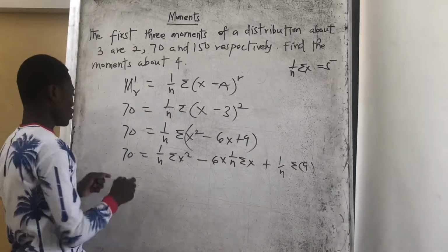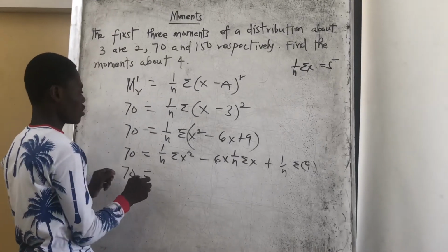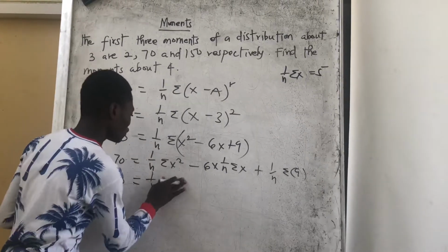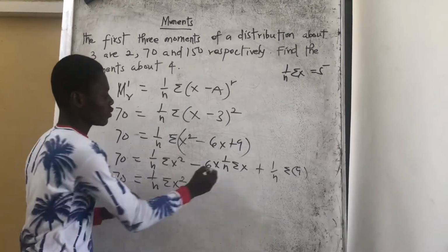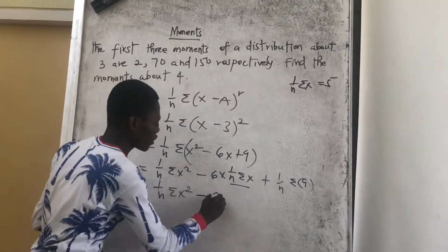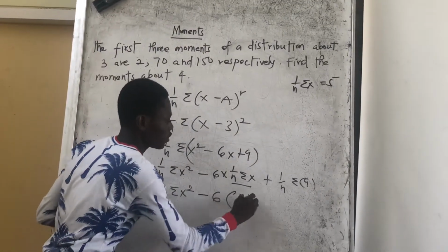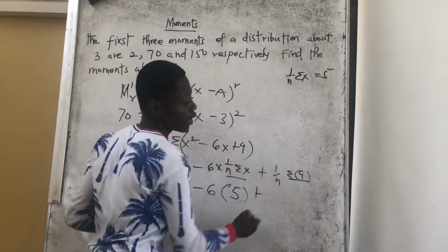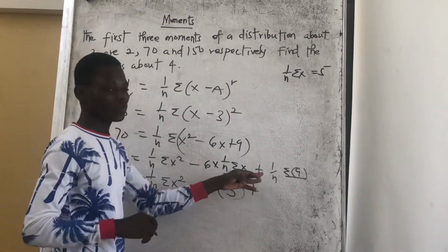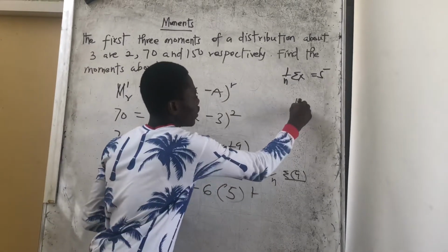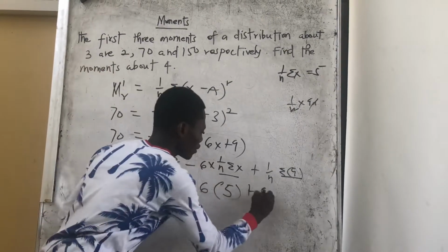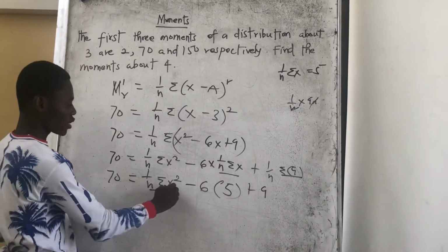So 70 is equal to 1 over n sigma x squared, then with this calculated as 5 already from our previous calculation, this will become minus 6 times 5 plus sigma 9, which we know as 9n, the number of 9s that we have. So 1 over n times 9n, the n and the n cancel for us to get 9. So plus 9.